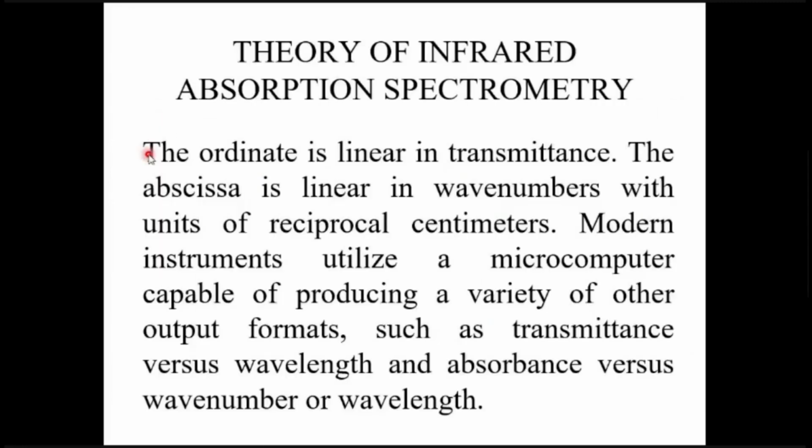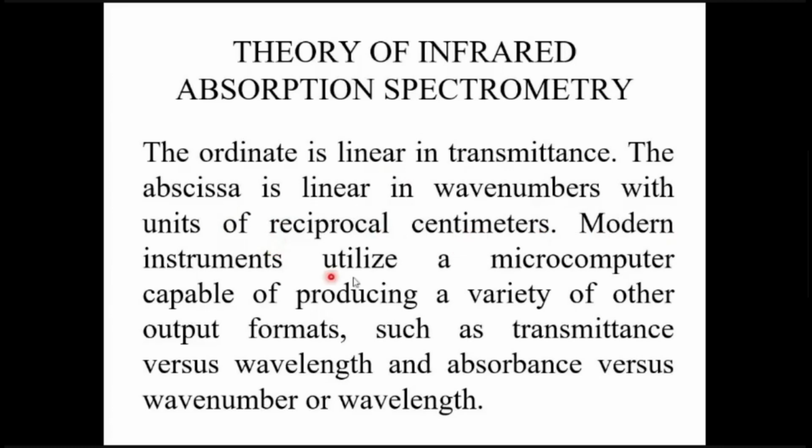Let's read into it. This is just the explanation of the appearance of the spectra. The ordinate is linear in transmittance. The ordinate is your y-axis. The abscissa is linear in wave numbers. Abscissa means the x-axis. The x-axis has wave numbers with units reciprocal centimeter, that is centimeter inverse.